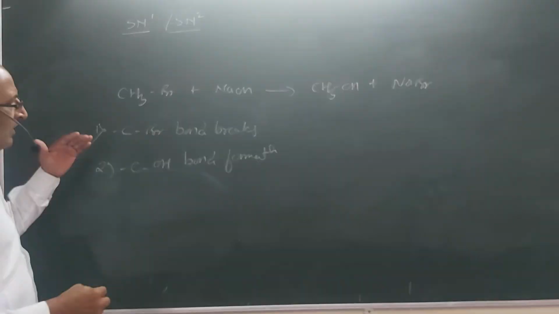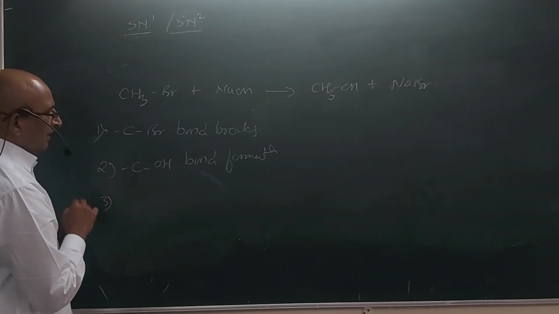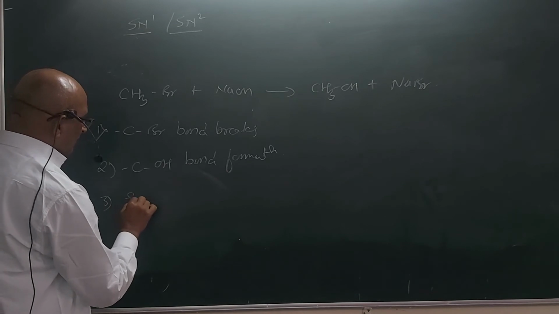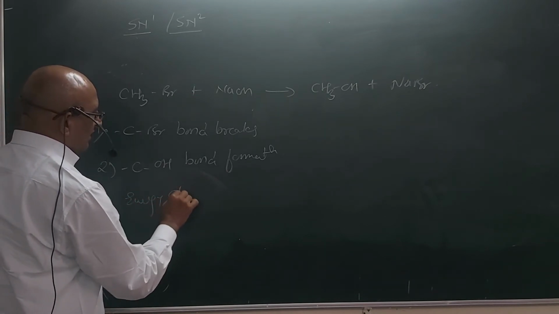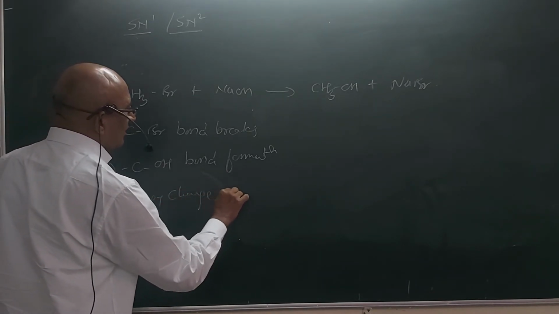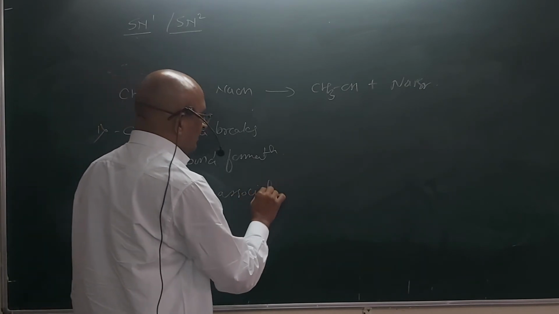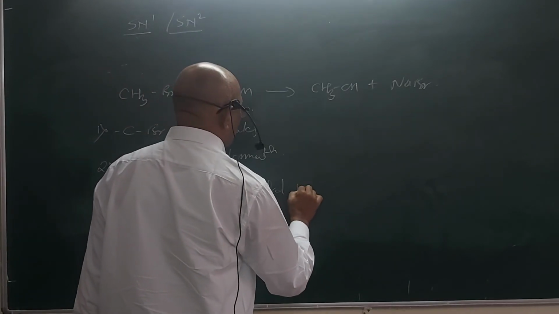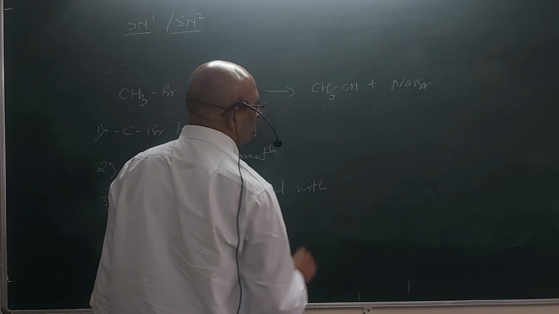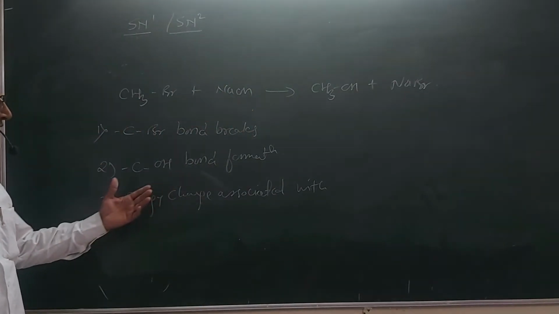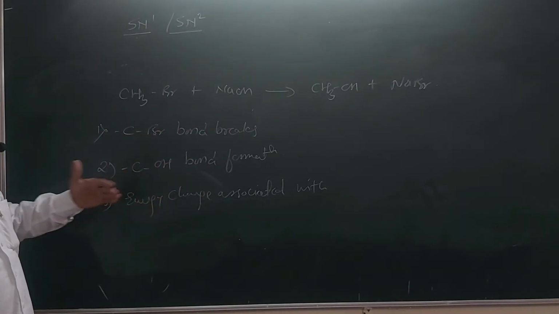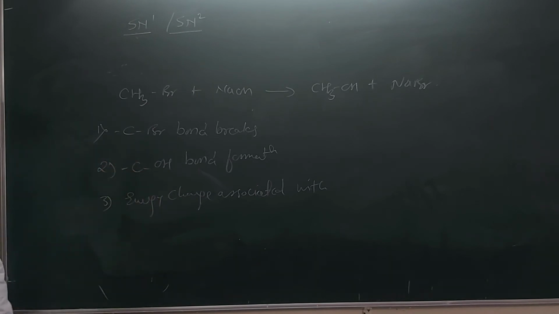And what is the energy change that is associated with this reaction? The energy change is associated with the bond breaking and bond formation. These three things are not being answered properly.